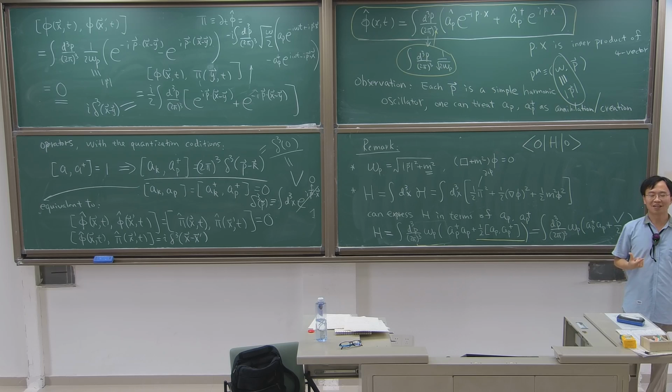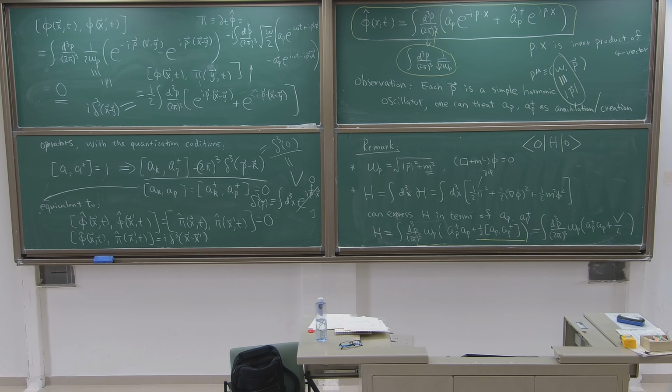Now, quite often, we don't really talk about the vacuum energy itself, because energy is an extensive quantity. It depends on the volume. If you have a bigger volume, in general your energy will be bigger. That's very reasonable. So it's not quite good to look at the energy itself.